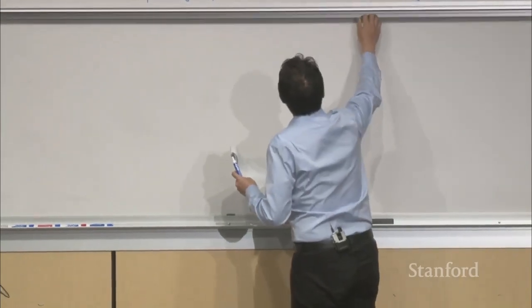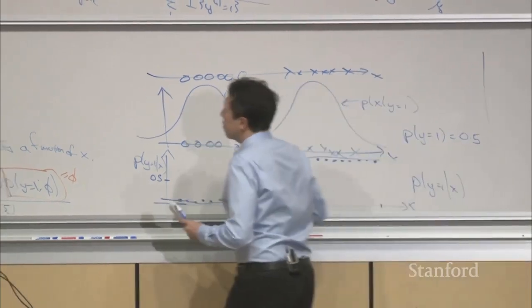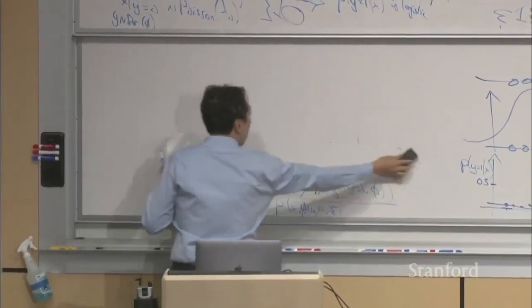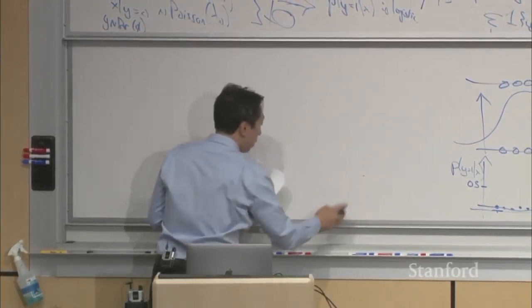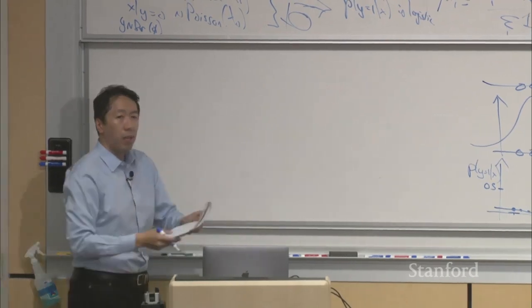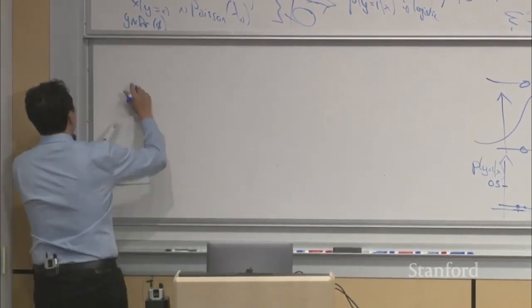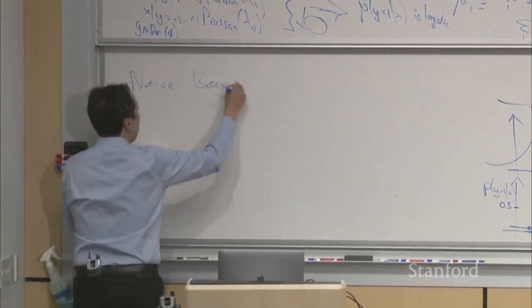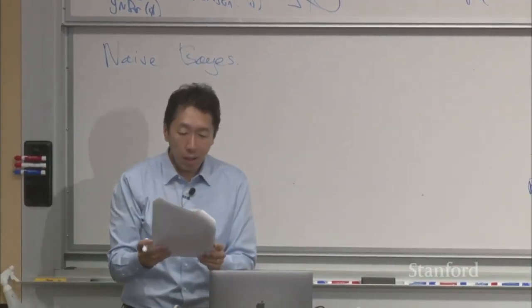So, I want a fresh board for this. So you've seen GDA in the context of continuous valued features X. The last thing I want to do today is talk about one more generative learning algorithm called naive Bayes.